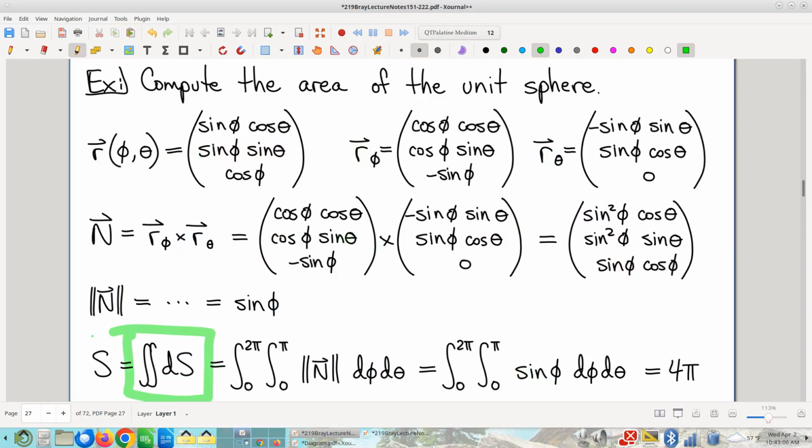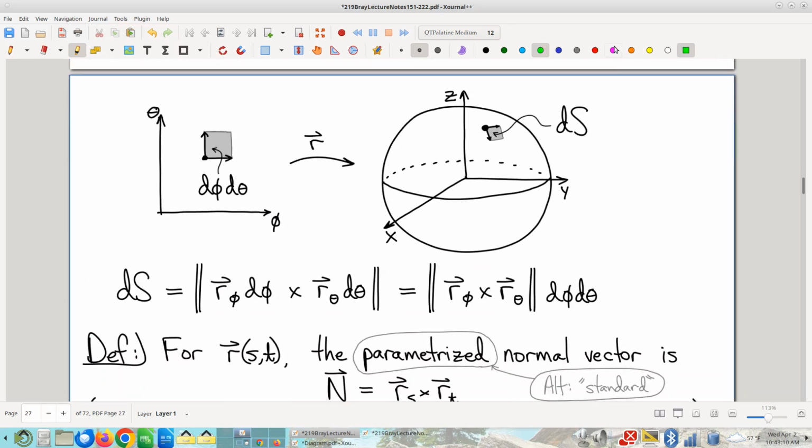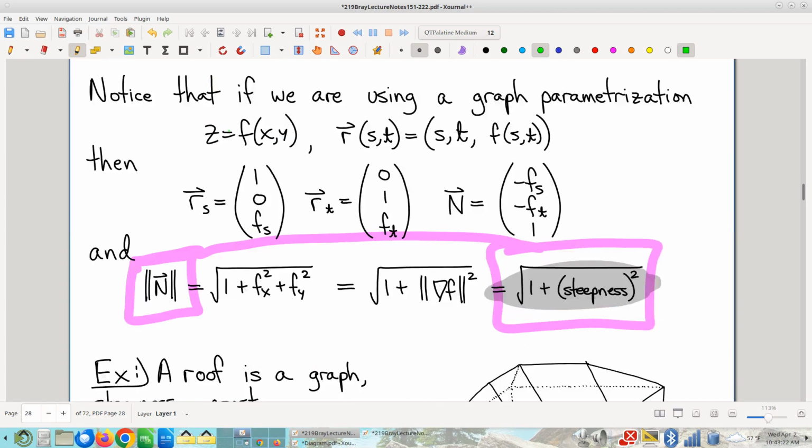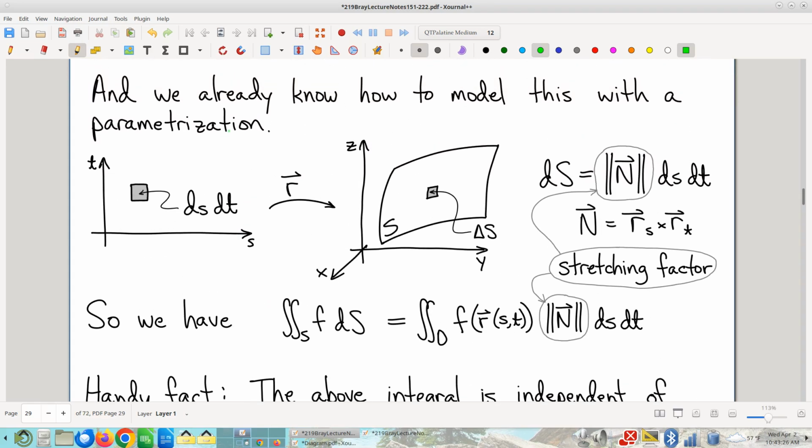And how did I do it? Well, I pulled back through the parameterization and said, stuff I'm adding up on the sphere, I'm instead going to add it up on the pullback space, in this case, the phi theta plane. So that's what we did there, and we're going to do a morally equivalent thing now.